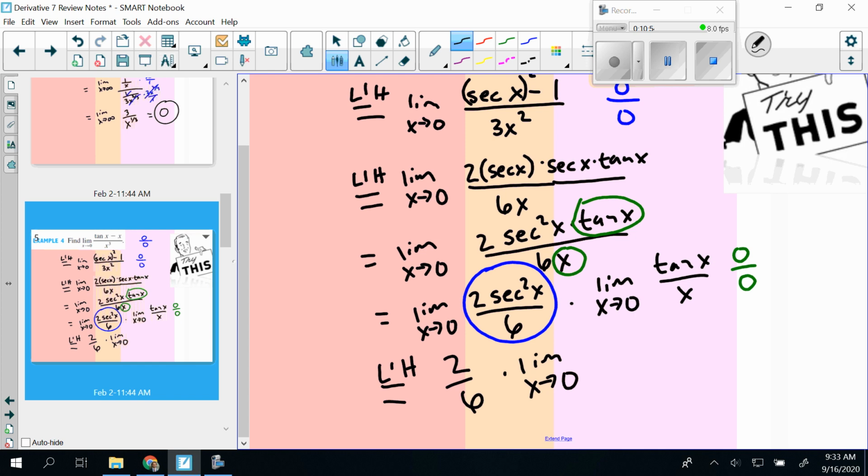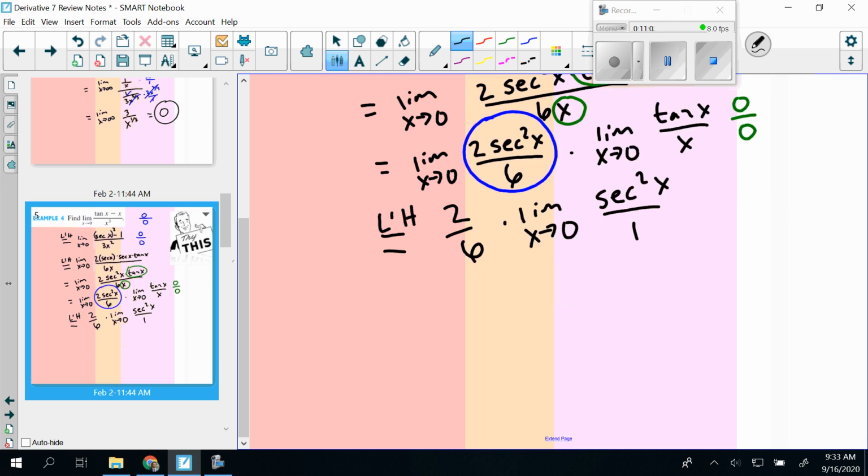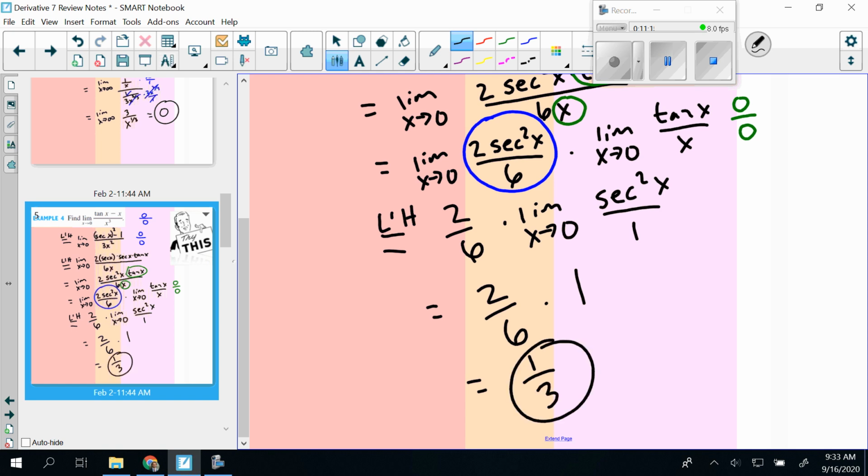Over here, derivative of tangent is secant squared, and derivative of the bottom is 1. Now if you plug 0 in for that, we should be able to get our answer here. So we get 2/6 times secant squared as we go to 1. Remember that's 1 over cosine, that's just going to go to 1. And so our answer here is 2/6, or 1/3.